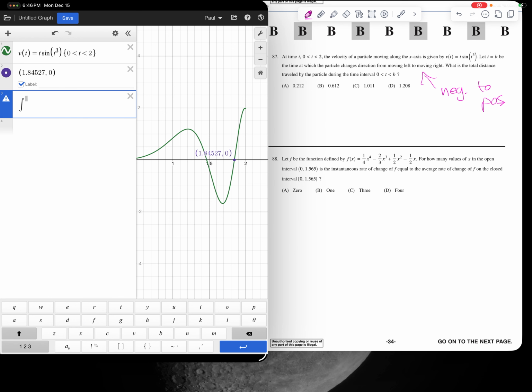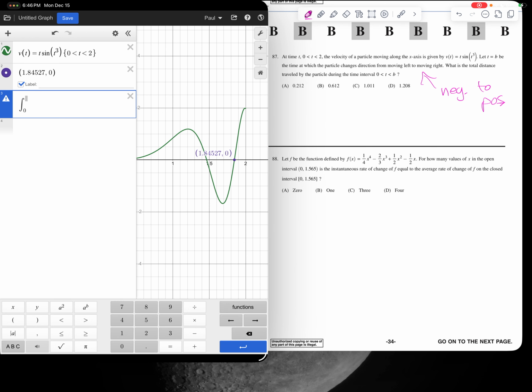All right, I'm going to go from 0 up to 1.84527. And now I need an integral to go from velocity to distance.